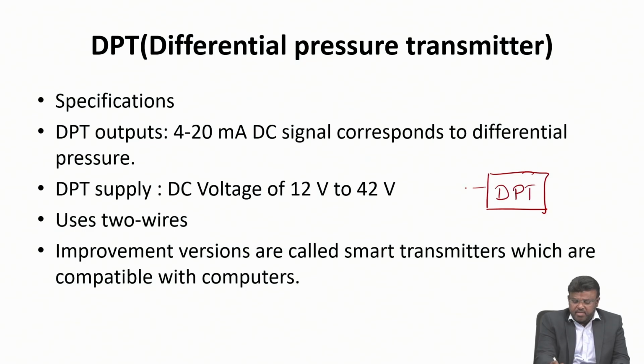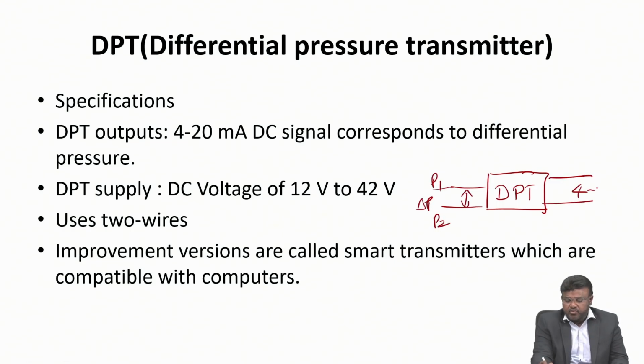The input, as you know, is coming from the difference of P1 and P2. Here I am getting 4 to 20 milliamperes. This 4 to 20 milliamperes must be compatible or analogous to the input flow rate here.